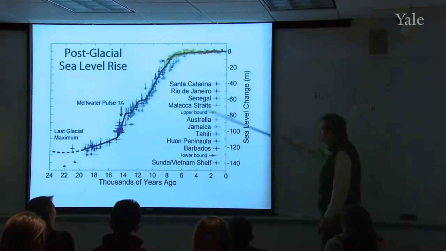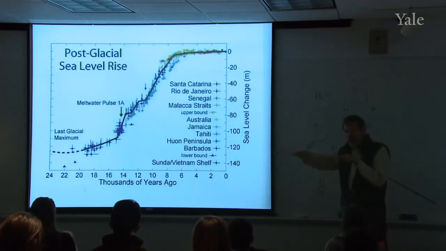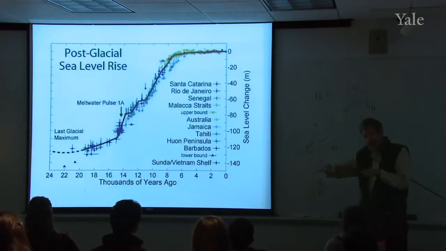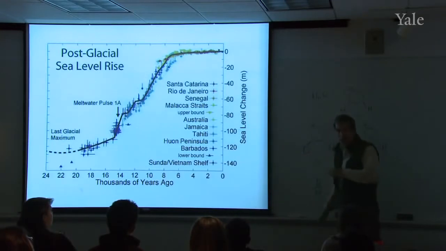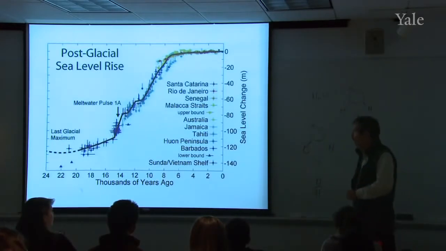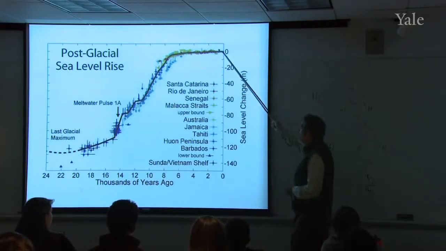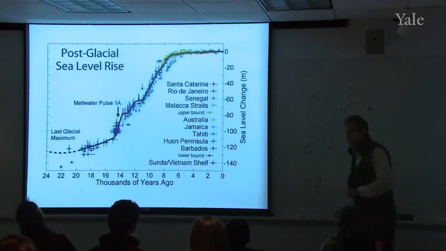And you find that same thing no matter where you measure, because remember, sea level tends to be level, right? It's in the very name. And so when you drop sea level, you drop it the same everywhere in the ocean. And therefore, you should get the same record no matter where you do that analysis. And then as we came out of the last ice age, we came up to the present sea level rise.